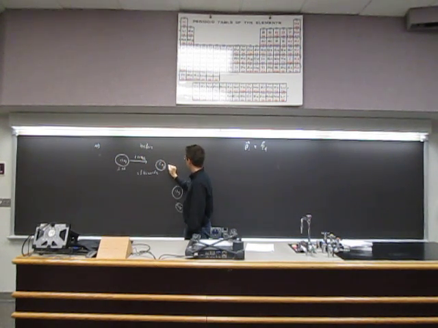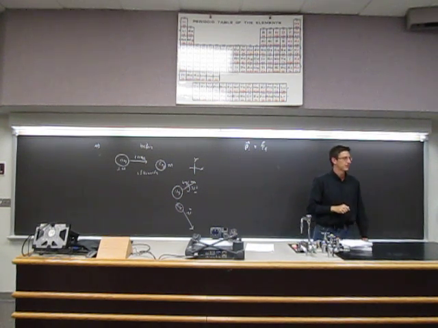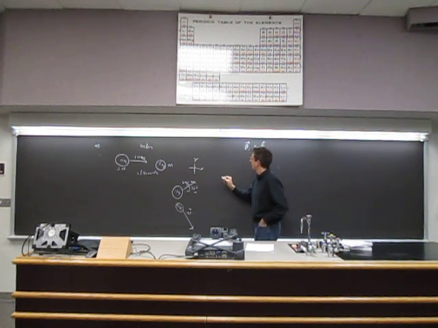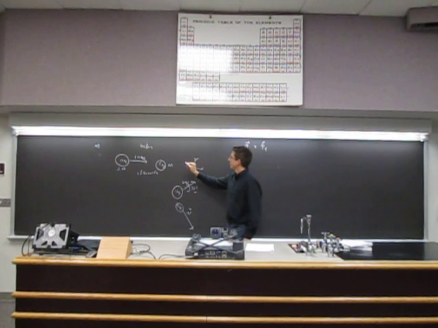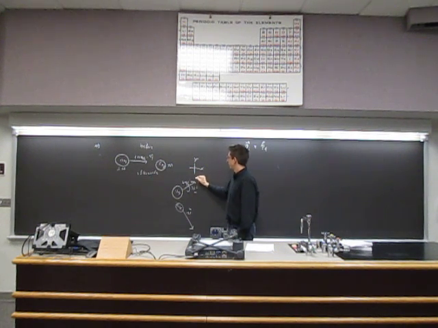It was 5 kilograms m. I'm doing that just because it makes things a little easier. I don't want to carry around numbers. And I'm going to call this the initial, or V1, and I'll call this velocity vector V2. Okay?